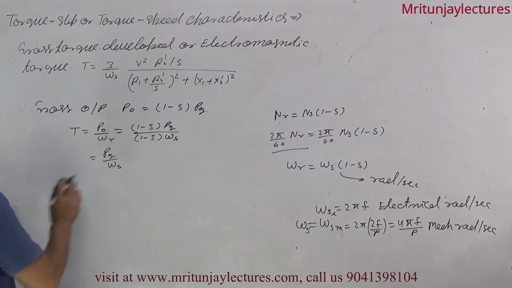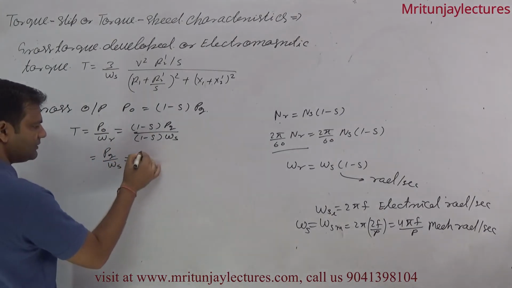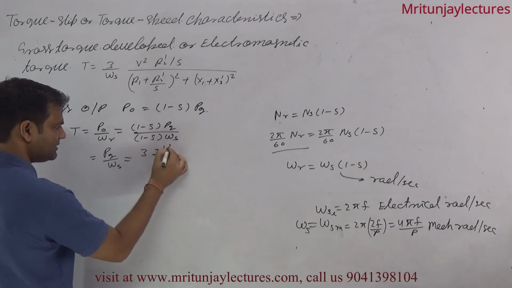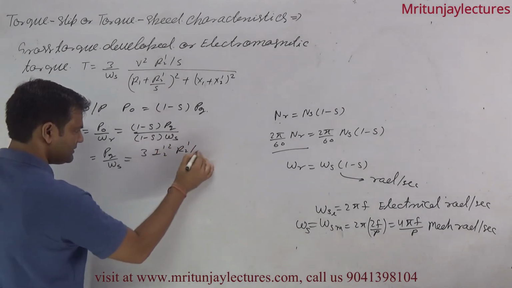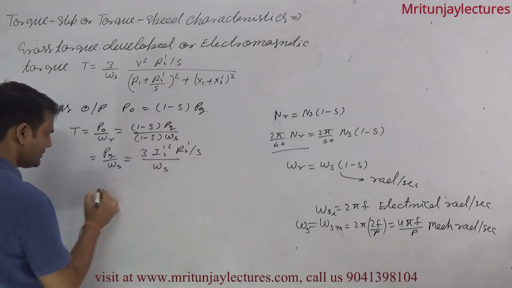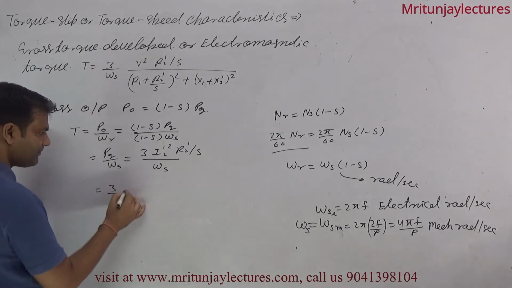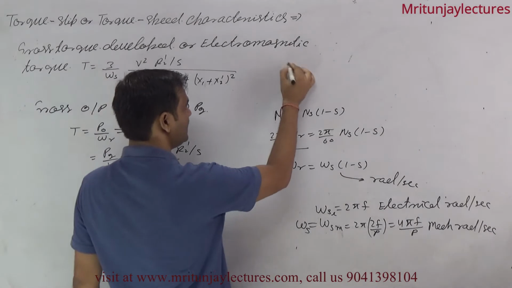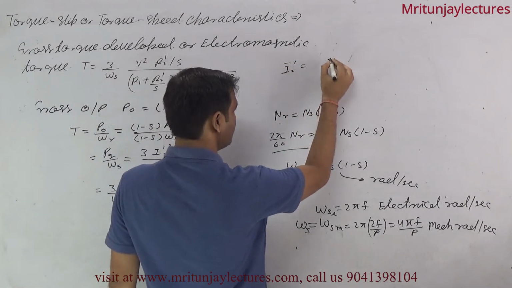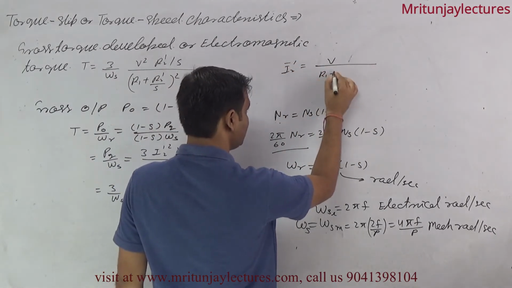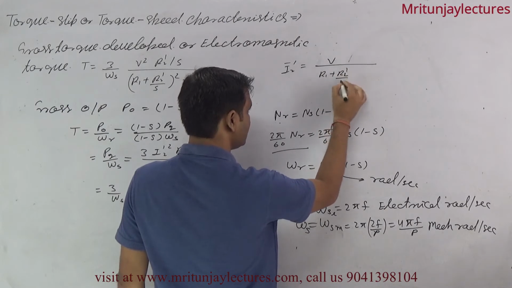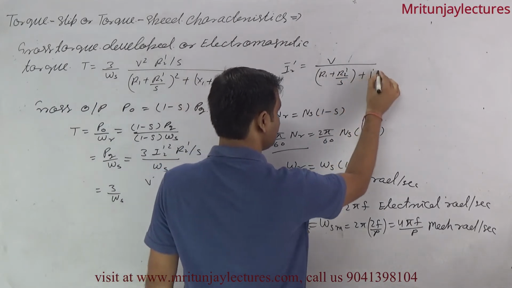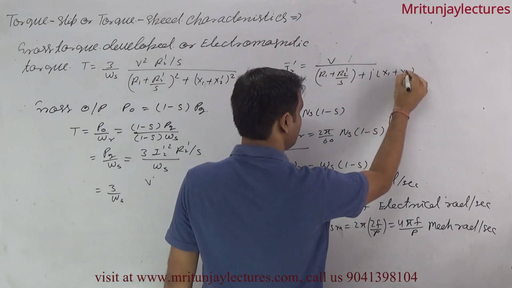Now, any doubt? If any doubt, I know, to remind, I2 dash square into R2 dash by S divided by omega S. And what about I2 dash? I2 dash is V divided by R1 plus R2 dash by S plus j X1 plus X2 dash. Clear?